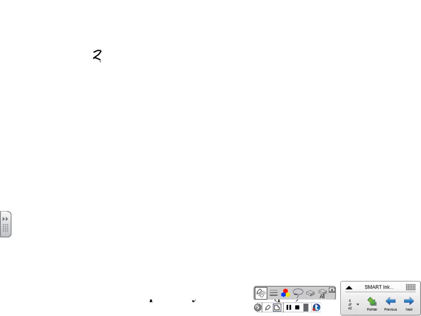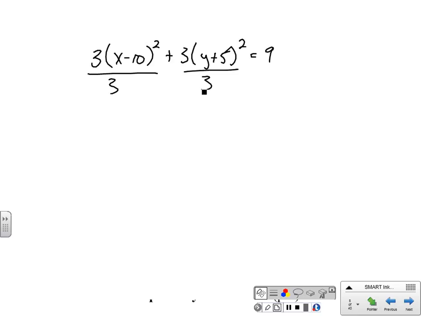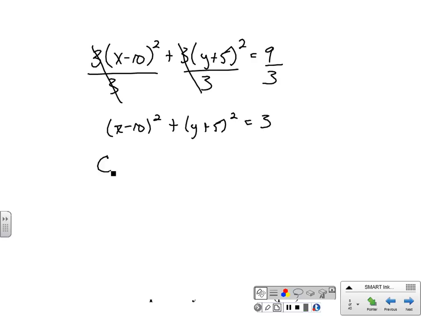What is it? 3 times. Okay, so what you would do is you would divide everything, every term by 3. Divide every term by 3. And then your center is going to be what?